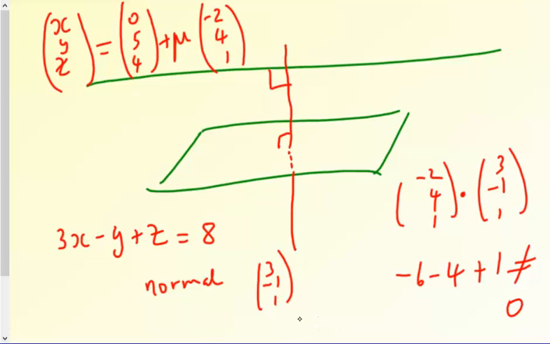So the plane and line are not parallel. Well, if they're not parallel, then the line isn't in the plane either, therefore the line and the plane meet at a point. And our job now is to try and find that point.